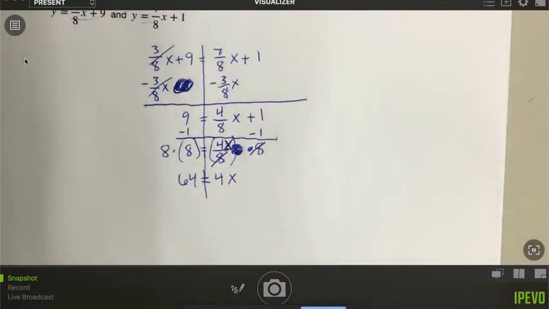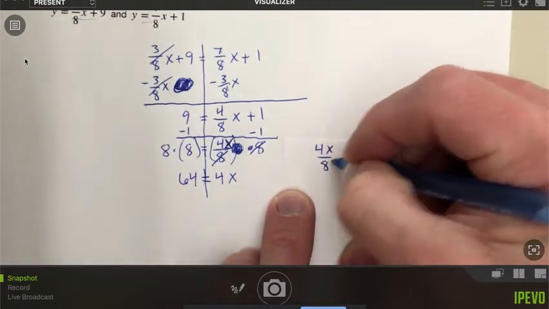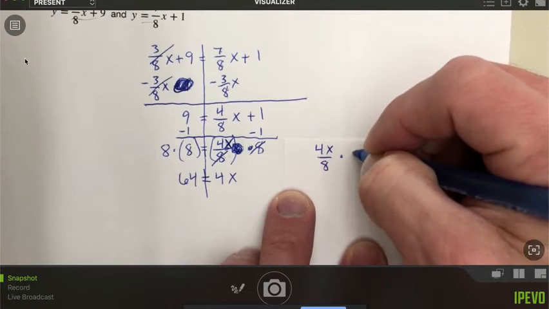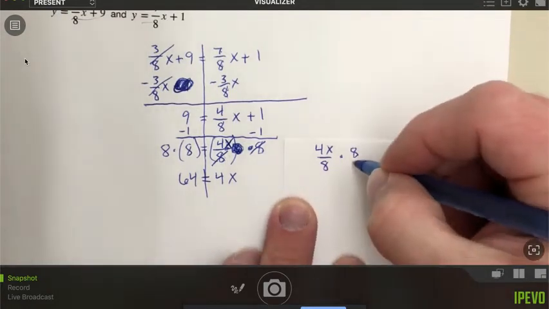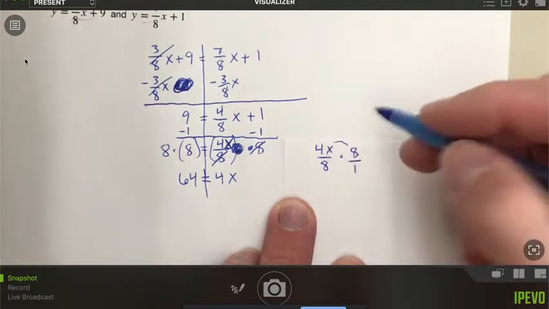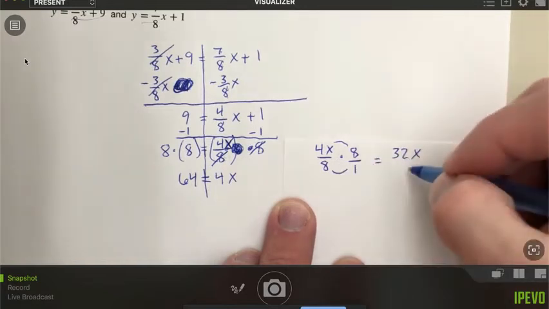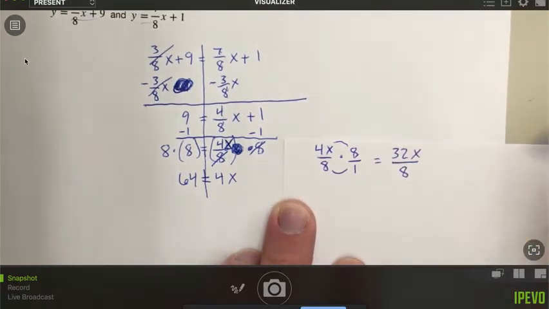So if you want extra proof there, when I think of 4x over 8 times 8, I'm really thinking of this as 8 over 1. So 4x times 8 really is just 32x, and 8 times 1 is 8.